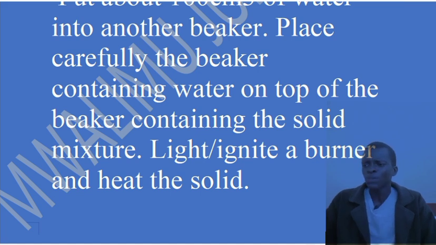Now, after having undergone that procedure, when carrying out that experiment, we'll have observations that we make. With the ammonium chloride and common salt mixture, which is sodium chloride, white fumes are produced, white sublimate is deposited, and a colorless residue is left.